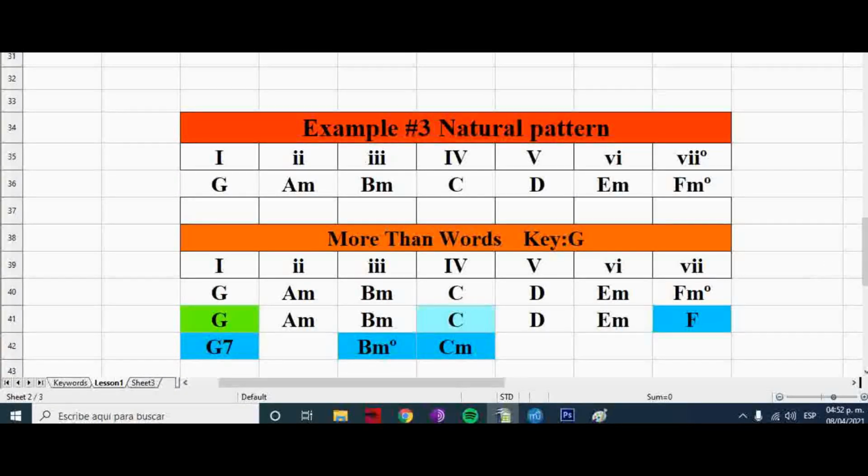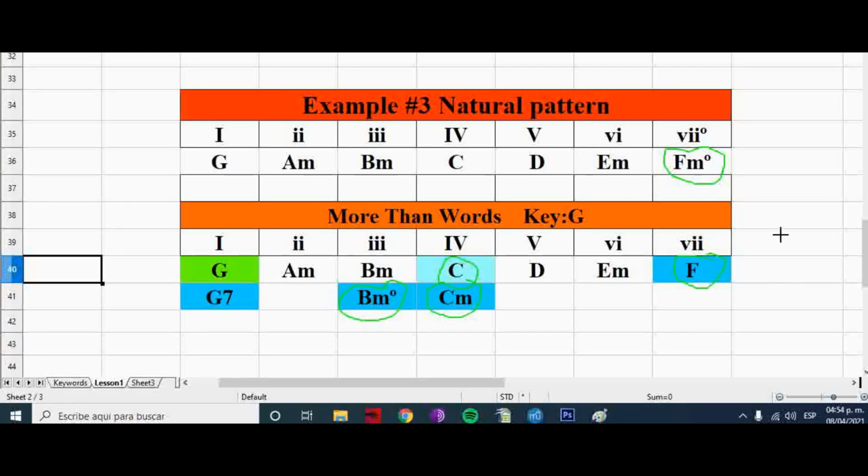And look at here. Okay, there we go. Here we have a third example with the same key at the beginning of the example 1, G major.